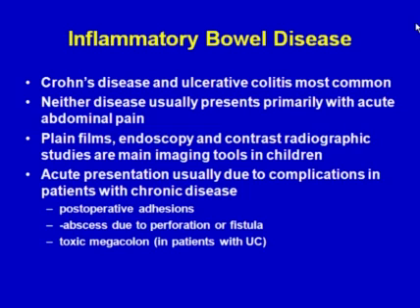And acute presentation is usually due to complications that may arise in patients with chronic disease, including postoperative adhesions, abscess formation due to bowel perforation or fistulous tracts in patients with Crohn's disease, or in patients with ulcerative colitis, a toxic megacolon may develop.